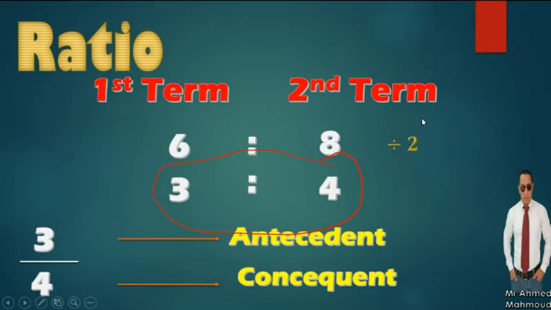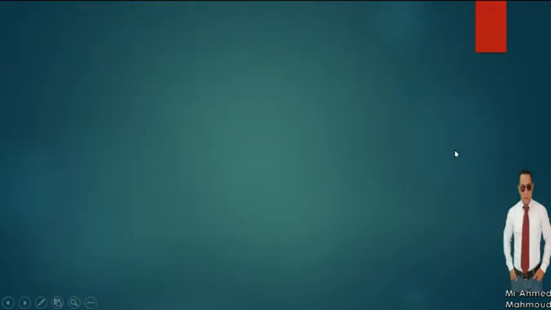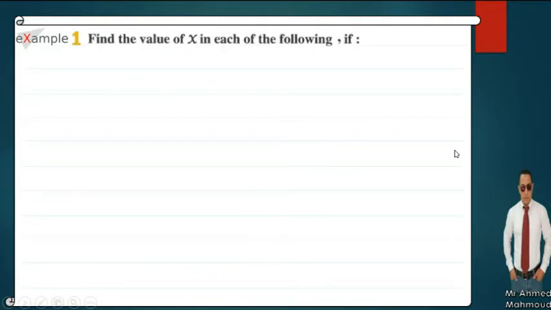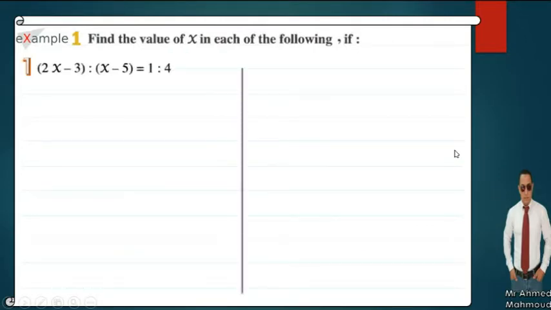Let's solve problems about the meaning of the ratio. Here we have example 1. In this example, find the value of x in each of the following. Number 1: 2x minus 3 to x minus 5 equals 1 to 4.